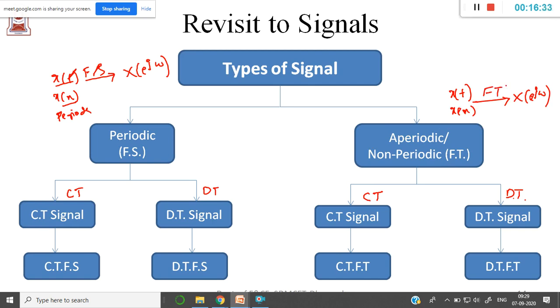Unless you differentiate whether the input signal is periodic or aperiodic, you cannot say whether to apply a Fourier series or a Fourier transform. Randomly, you cannot say I will apply one or the other, unless you know whether the input signal is periodic or aperiodic, right?